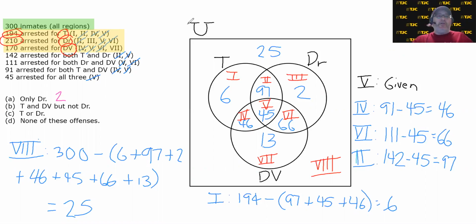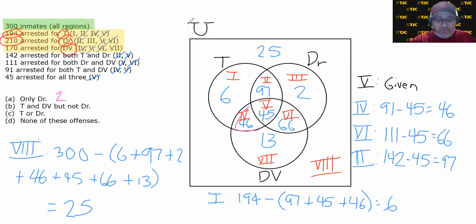Next, theft and domestic violence, but not drug offenses. So in terms of circles, inside the T circle, inside the DV circle, outside the DR circle. There's only 1 region that is inside the T circle, and at the same time inside the DV circle, and at the same time outside of the DR circle.